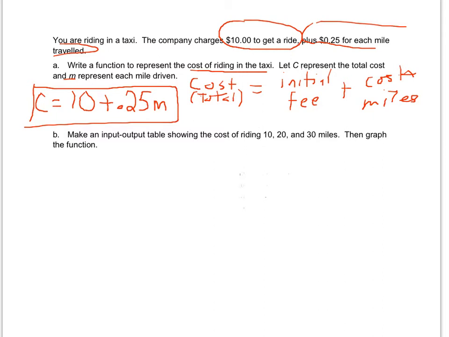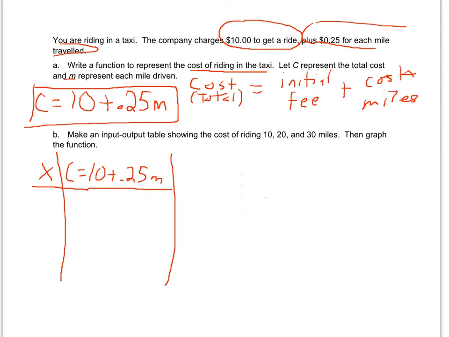Now we've got to make ourselves an input-output table. I'm going to make myself an X, and my function, C equals 10 plus 0.25m. Actually, sorry, I should back this up here.